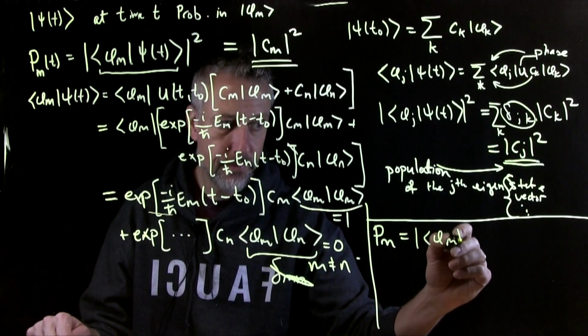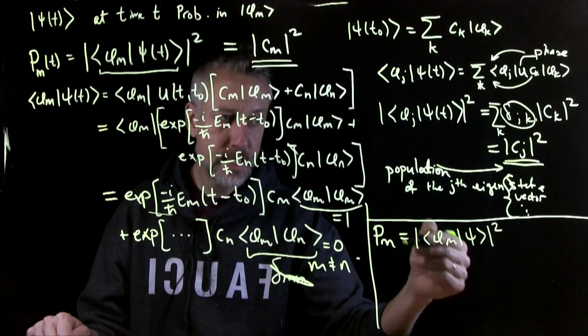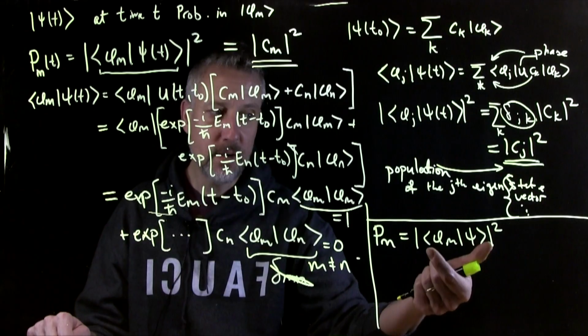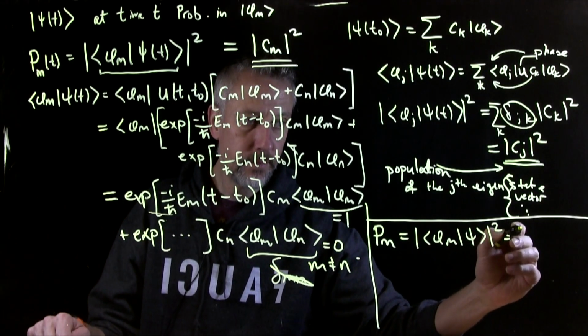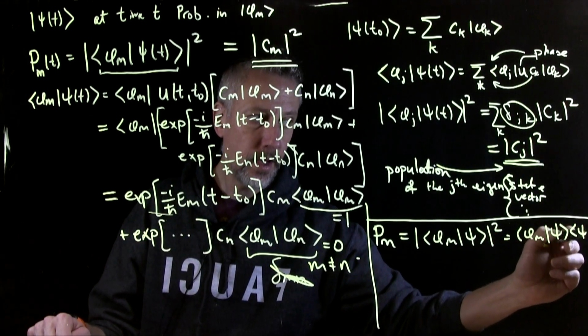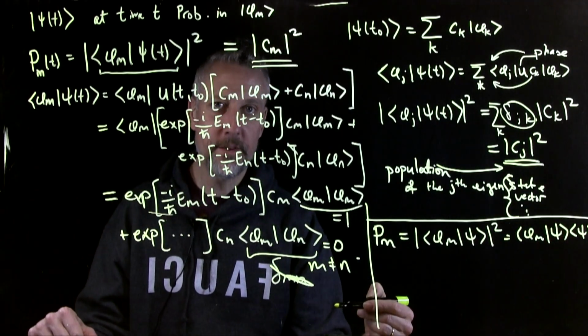Phi m is the state, right? And that's the definition. If we expand this out, which just means multiply this thing by its complex conjugate, and we have our recipe for that, that's phi m psi, psi phi m. Notice what this is.